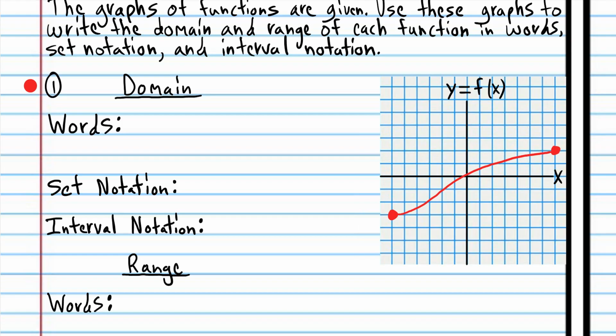Well, the domain of the function is the x values of all the points. See these purple points? Whatever points are on that graph, the x values are the domain of the function. So we need to describe all of the possible x values that you can plug into that function.